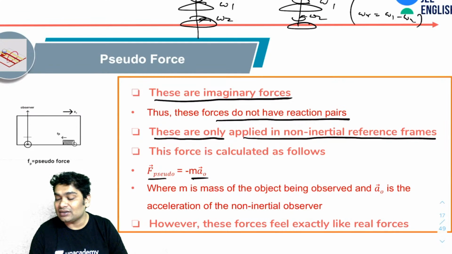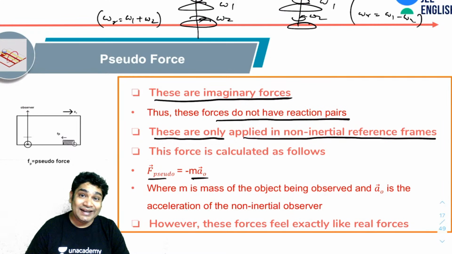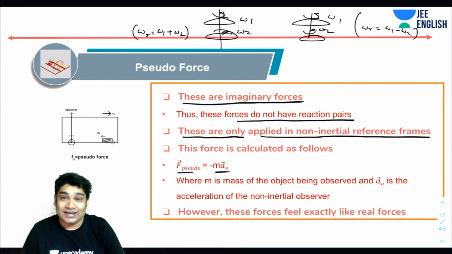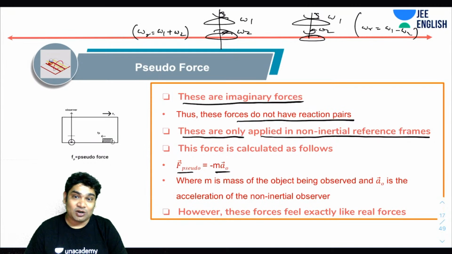So in that case, omega relative would be omega 1 plus omega 2. That's about it. The only relative angular velocity questions that you will have will be of these two kinds. You will not have any other kind because rotating reference frames are not in your syllabus.